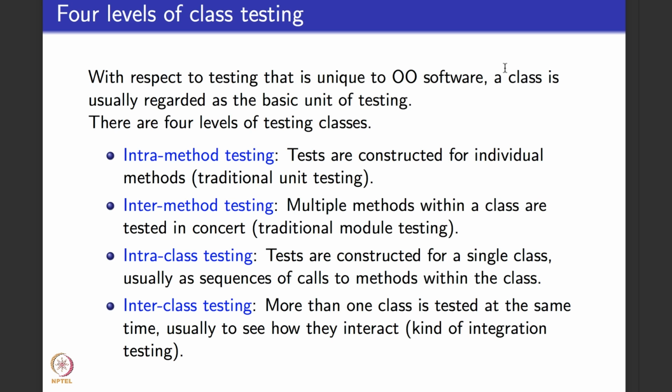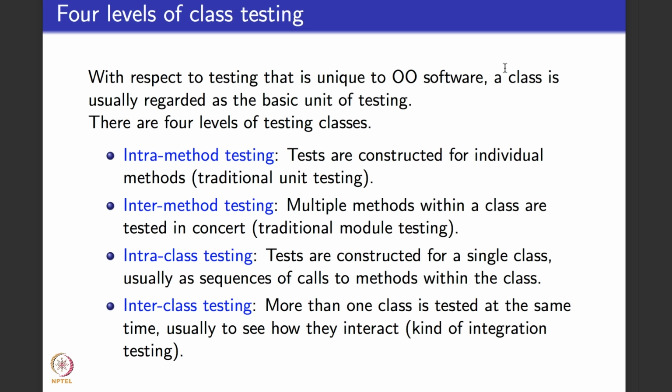Moving one level up from a method, the next level of testing is inter-method testing, where interactions between methods are tested. This is traditional module level integration testing. We have checked this when we did design integration testing based on graphs. In fact, we saw specific object-oriented integration operators even for mutation.